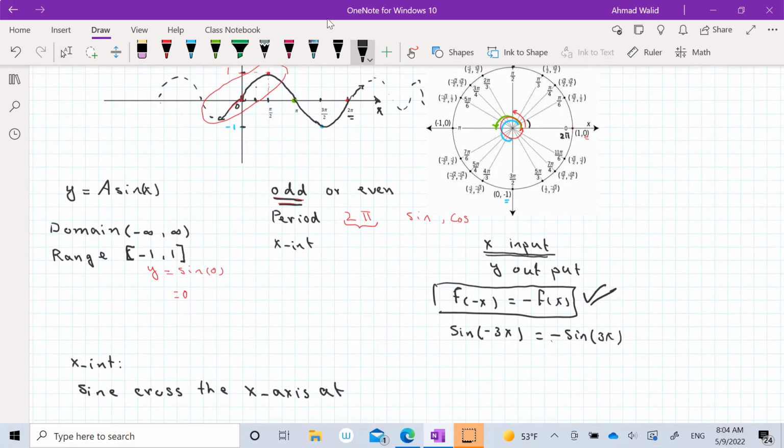Here, here, and here. As you see, in 3 points sine crosses the x-axis, which is the beginning of the graph, the middle of the graph, and the end of the graph. Beginning and end, two sides, we just call it ends, right? Sine crosses the x-axis at ends and where? Center.